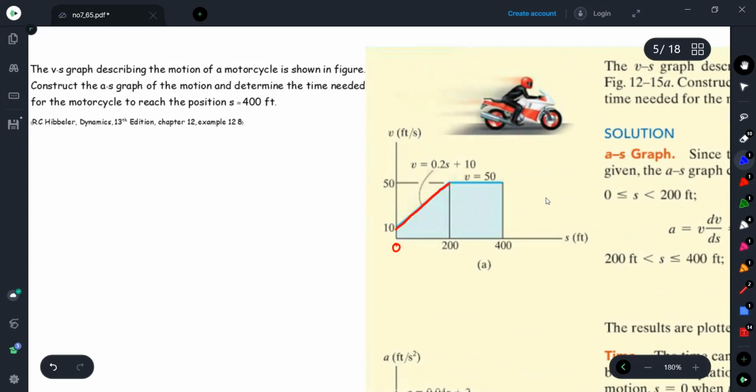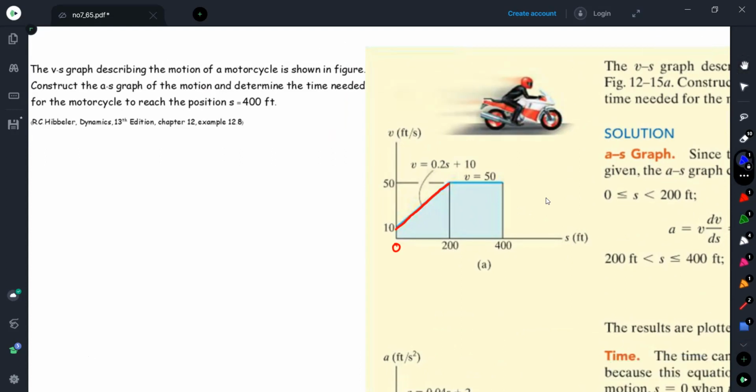The function V of S is easy to determine because we know two coordinates: 0 and 10, and this point at 200 and 50.